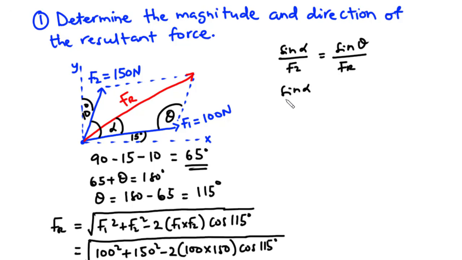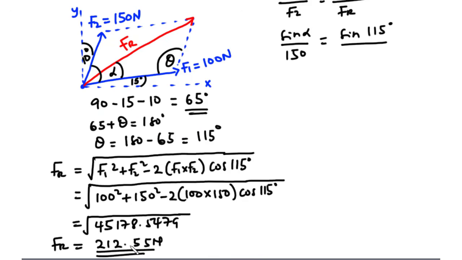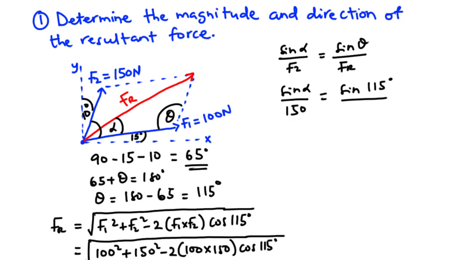So we have sine alpha divided by F2 is 150. So we have 150, and then we have sine theta. Now theta is 115 degrees. So we have 115 degrees, and then divided by FR. Now we had FR to be 212.55.